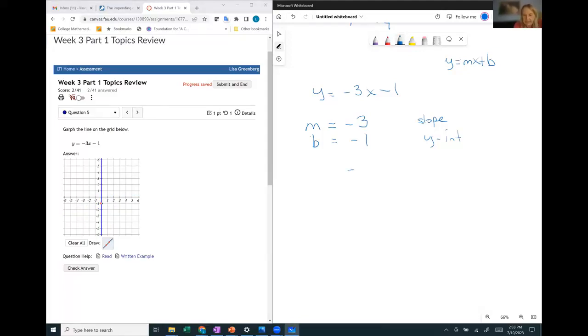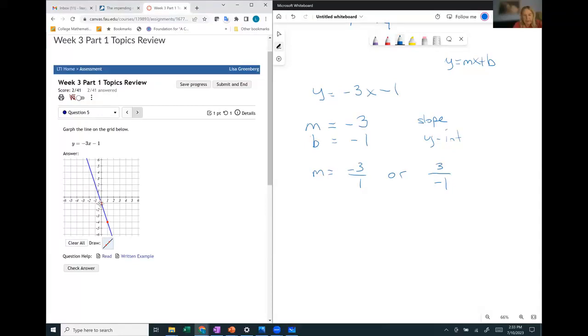I could say -3 over +1 or 3 over -1. These are both negative, aren't they? Yes. And they're both 3. So I'll do the first one. I'm going to go down 3 and to the right 1.